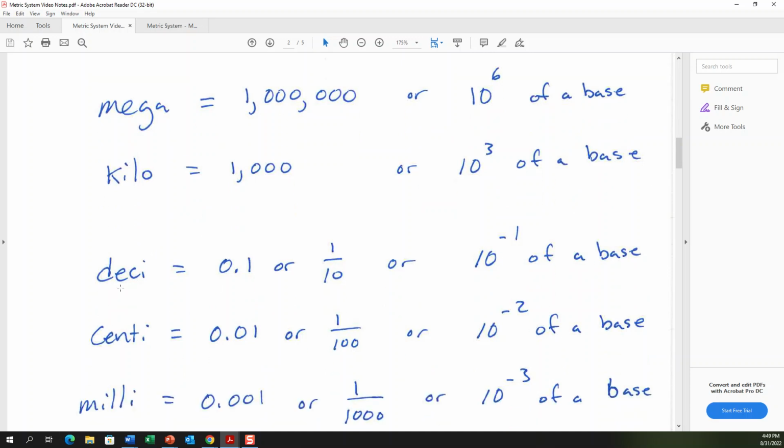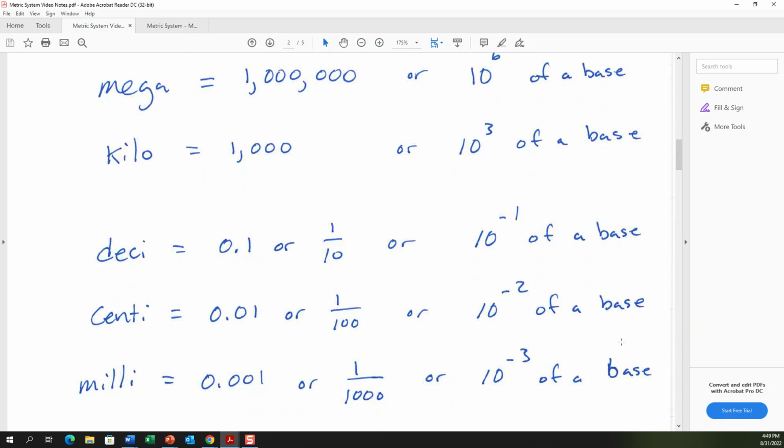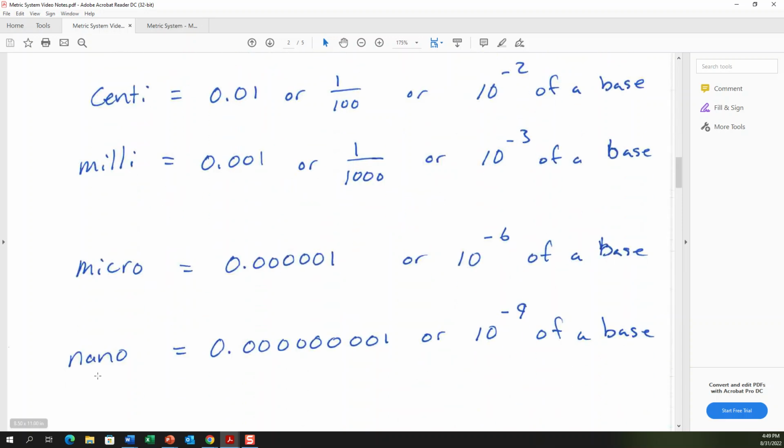If I see deci, I know that's 0.1, or 1/10, or 10 to the -1 of the base unit. If I see centi, that's 100th, or 10 to the -2 of the base unit. So 10 to the -2 times the base unit, 10 to the -3 times the base unit. When you get all the way down to nano, that's 10 to the -9 of the base unit.